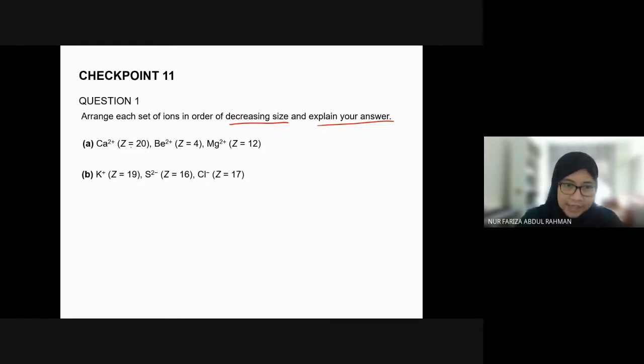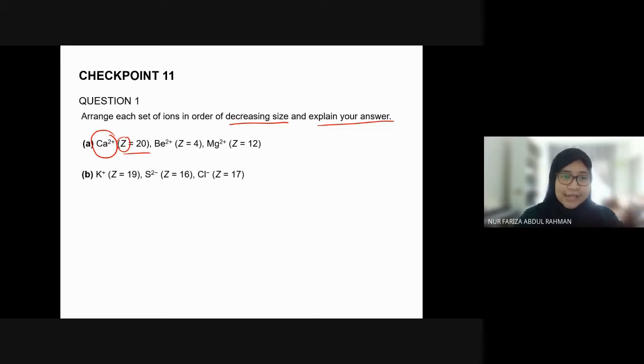Again, you can predict based on the Z given, based on the electronic configuration given, but guys, please be careful. The Z given also represents the number of electrons, right? But this is for the atom. Please take note on this. The Z given represents the number of electrons for the atom. When it has become an ion, do not forget to subtract.